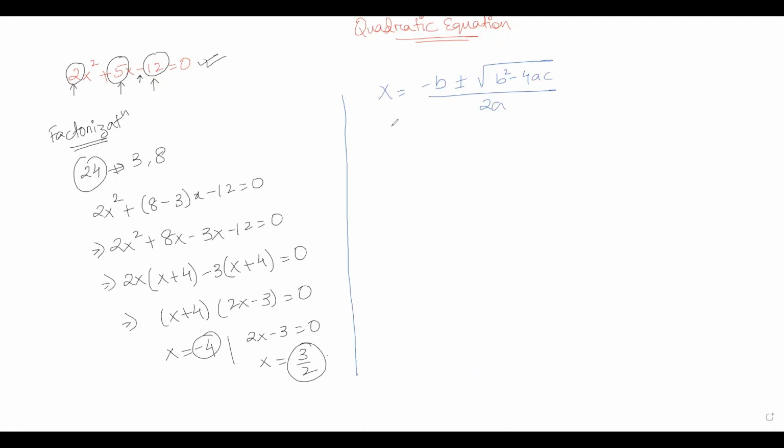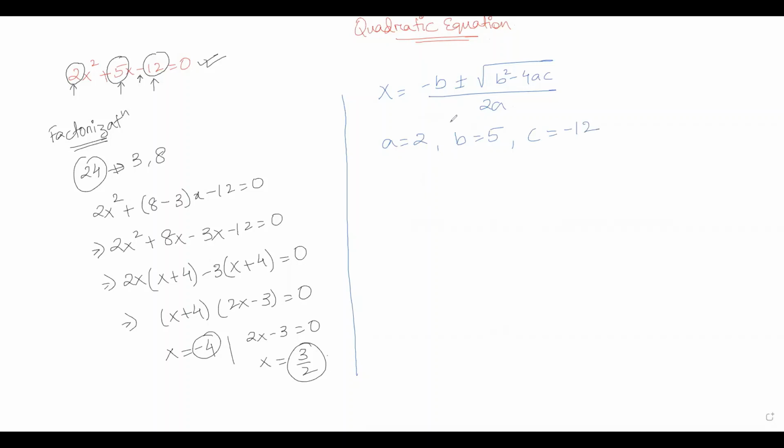Now let us use the formula to find the roots of the same quadratic equation. So here the leading coefficient a is 2, the coefficient of x, that is b, is 5, and the constant term c is minus 12.